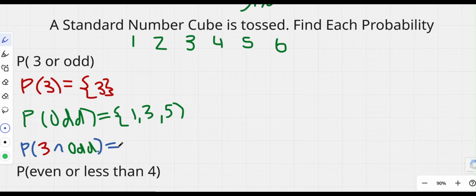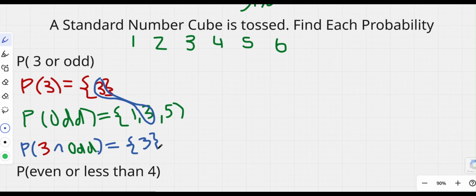Intersection means the terms that are common within each set. So here, the only term that is common within each set is 3. So P of 3 intersection odd just has the set of 3.